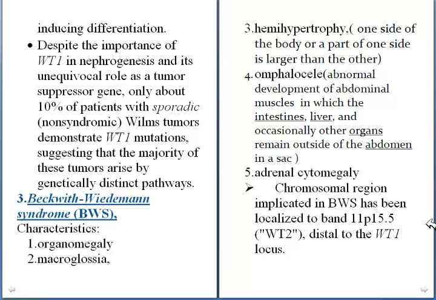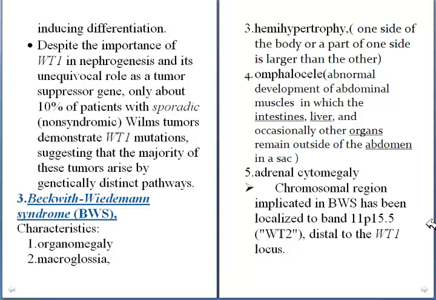Now, despite the importance of WT1 in nephrogenesis and its role as a tumor suppressor gene, remember that only 10% of the patients with Wilms tumor actually demonstrate the WT1 mutation. So you see, in 90% of the cases, there is no relationship between the Wilms tumor and the WT1 gene. And so this tells us that the majority of these tumors arise by a genetically distinct pathway.